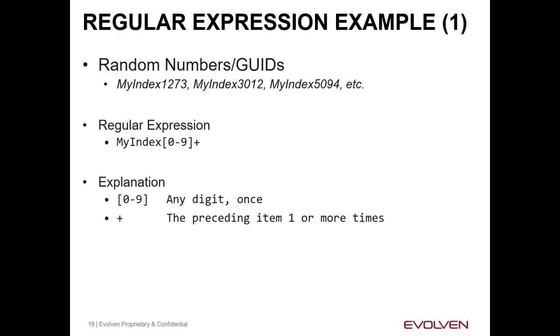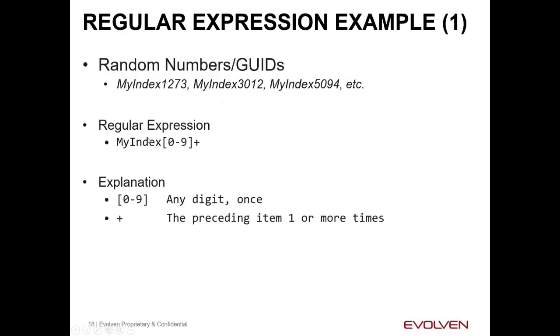We talked about the example of random numbers at the end. In this case, our regular expression is saying, I want to look specifically for the word myIndex, and then after myIndex, I want to look for, and the square braces are a class, and this class is saying 0-9. So you can think of this as any digit.